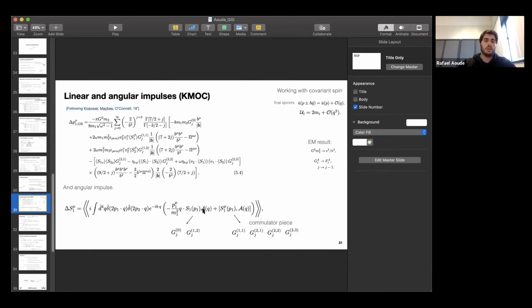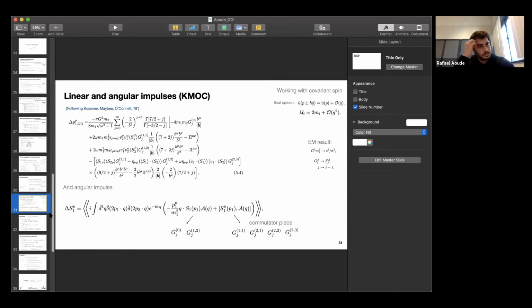Then we translated the angular impulse calculated in such a way to the center of mass kinematics, similar to the other paper, and from the calculation of the spin kick, you only obtain this commutated piece.